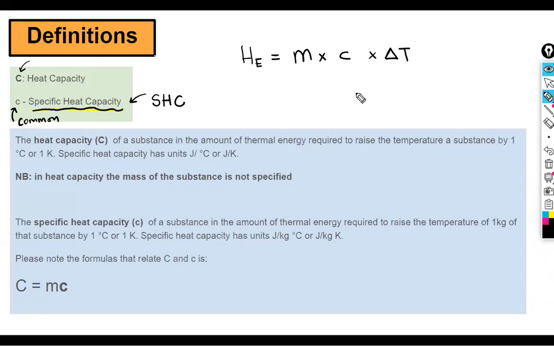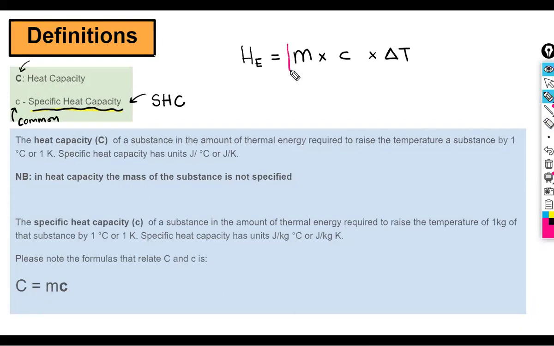So if it's the specific heat capacity of water, you can put C and a W. If it's the specific heat capacity of ice, you can put common C and a little I for the examiner, so you know what specific heat capacity you are referring to. So what is heat capacity? The capital C. Well, here's the slight difference.